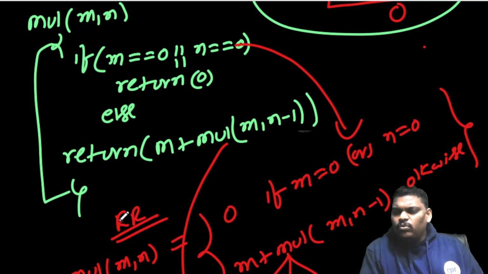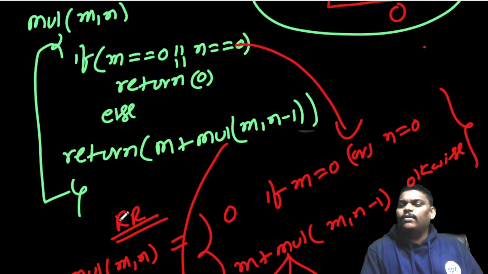So there is no fixed termination condition, but one termination condition is required. Whichever termination you write, every recursive program should have a termination condition.